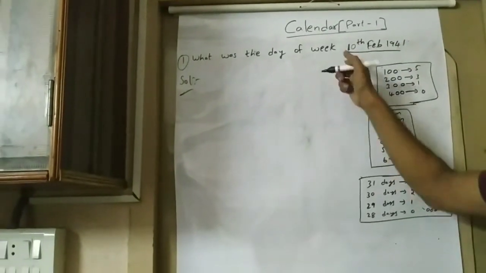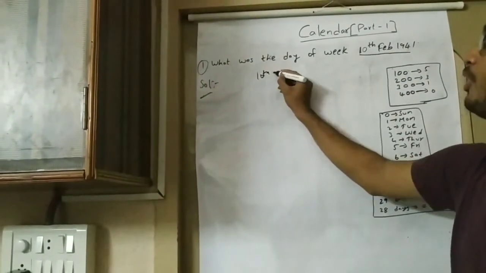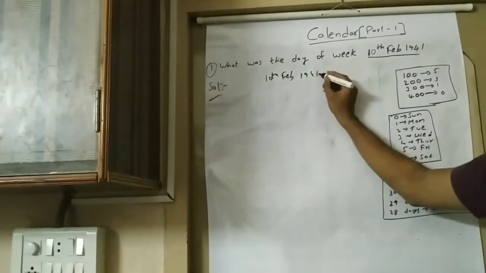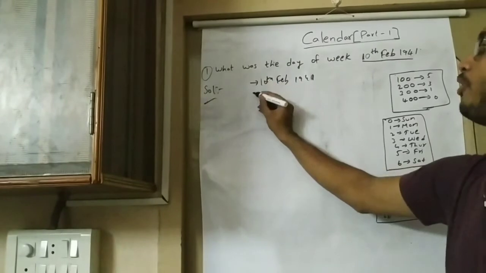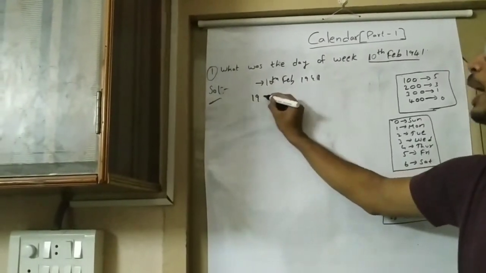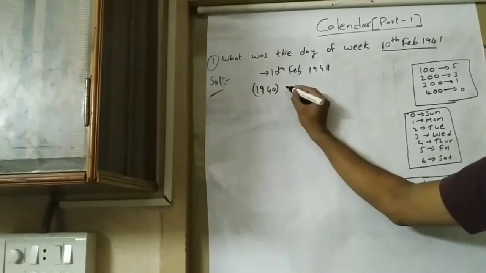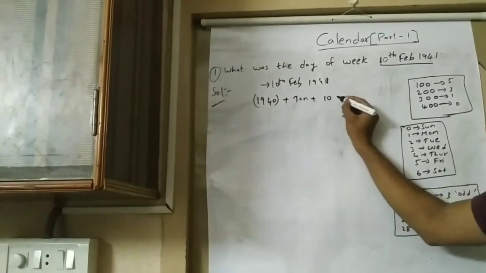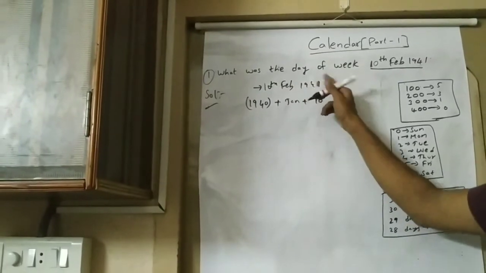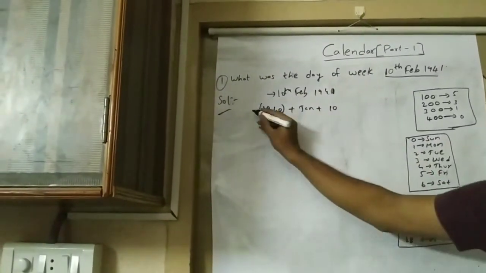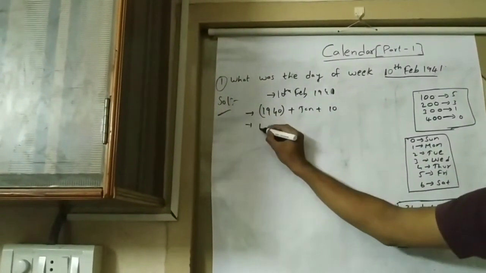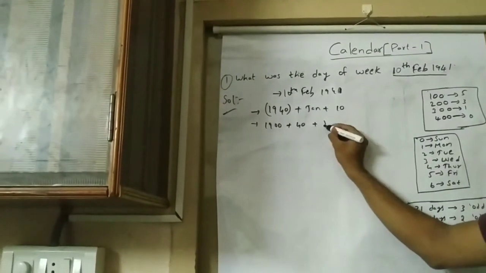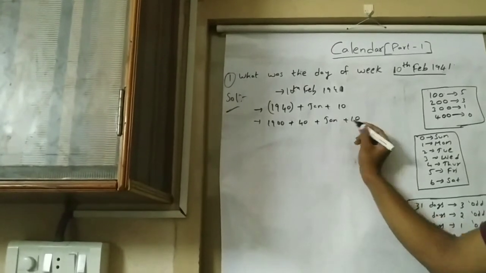So they are asking for the day of 10th February 1941. The 10th February 1941 will come after 1940 years plus January plus 10 days. So split 1940 into 1900 plus 40 plus January plus 10.